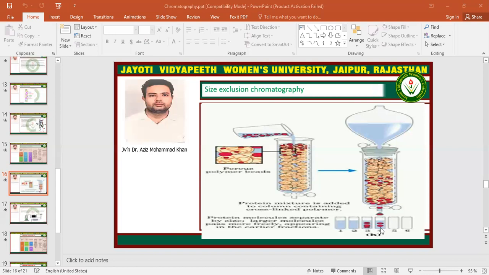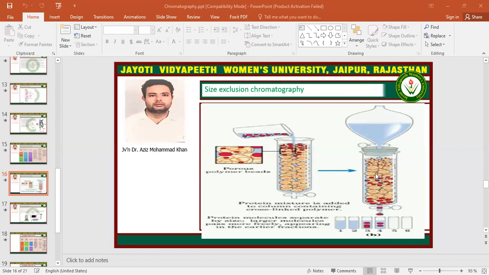The large and small particles will be separated in different ways because of the size of the proteins. The large proteins will be separated freely in different fractions, and the smaller particles will not be able to diffuse out because they are present in the beads.